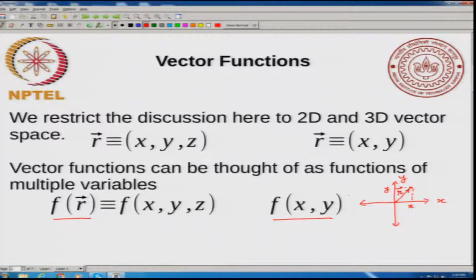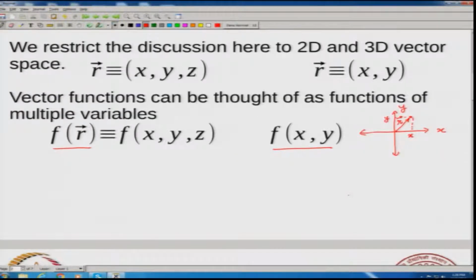For example, you can think of any function of multiple variables, for example, f of r equal to, let us say, 3x plus 2yz. It can be any function. You can multiply, you can take squares, you can do anything you want.